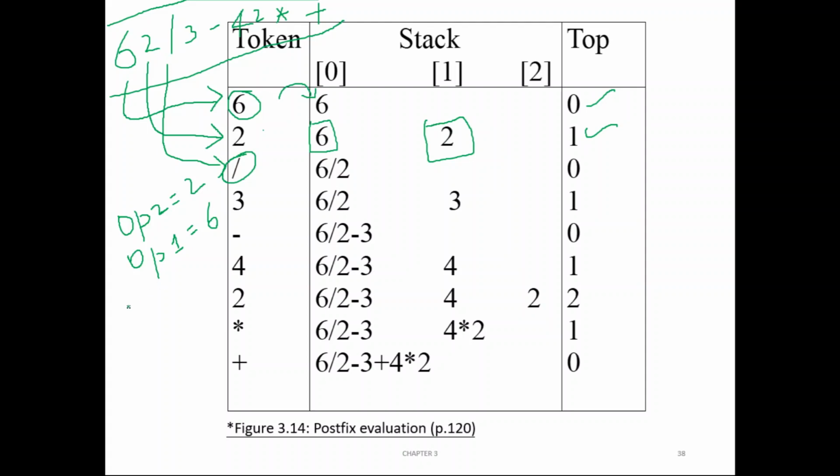Whatever you pop first goes to operand 2, and whatever you pop second goes to operand 1. So you do 6 by 2, and the result you push into the top of the stack. So now the top of the stack is the result of 6 by 2, and the stack top pointer is going to point to the 0th location, right?